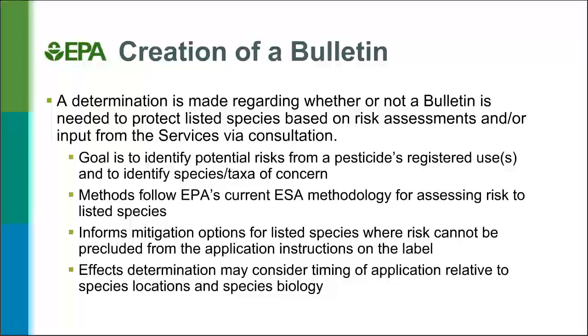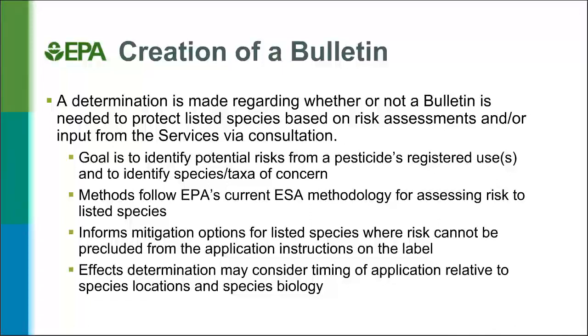The creation of a bulletin. An effects determination is made regarding whether or not a bulletin is needed to protect listed species based on risk assessments and/or input from the services via consultation. The goal is to identify potential risks from a pesticide's registered uses and to identify the species or taxa of concern.